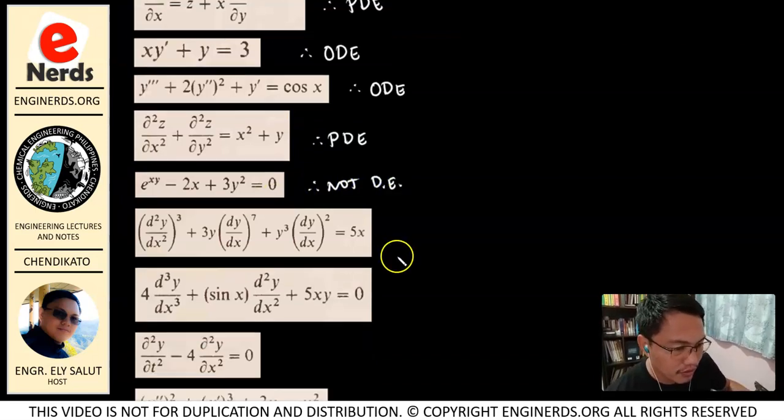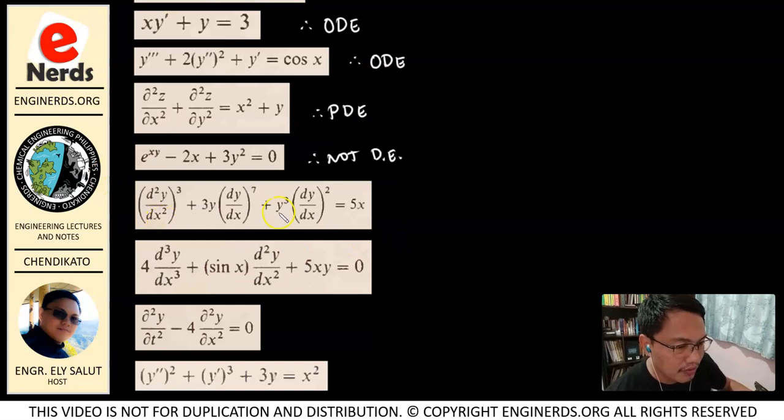Okay? So, this one. Is this an ordinary differential equation or partial differential equation? This is an ordinary differential equation because we have here a function which is dependent on only one independent variable, which is x. Okay? So, we have a derivative here, dy over dx, and all of that is a function of x.